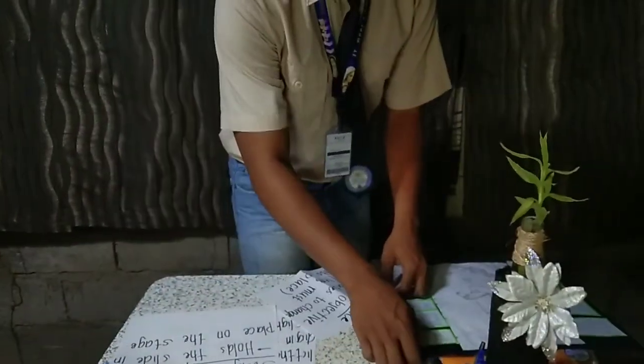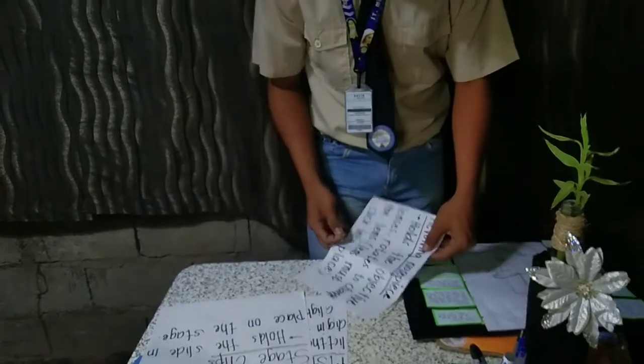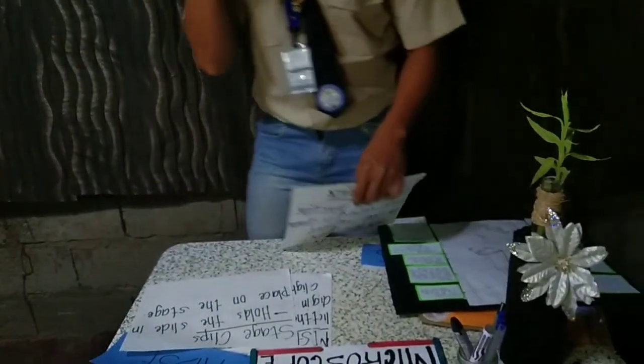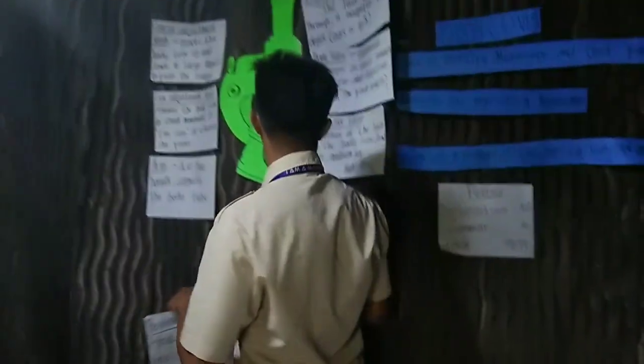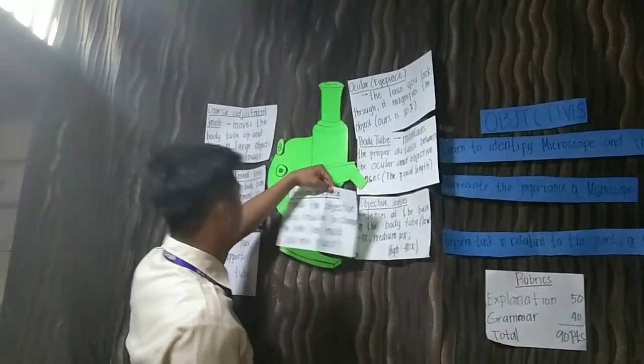When we adjust the objective lenses, we use the revolving nose piece.